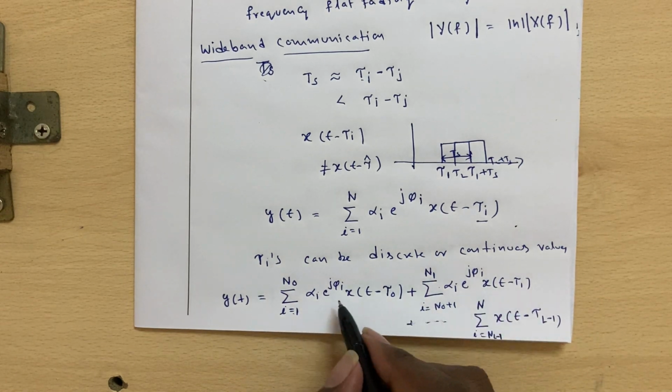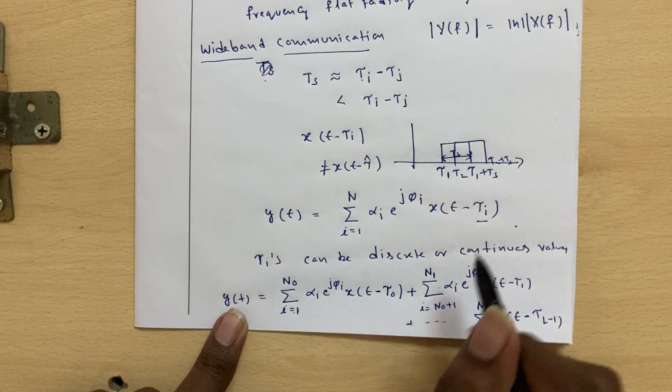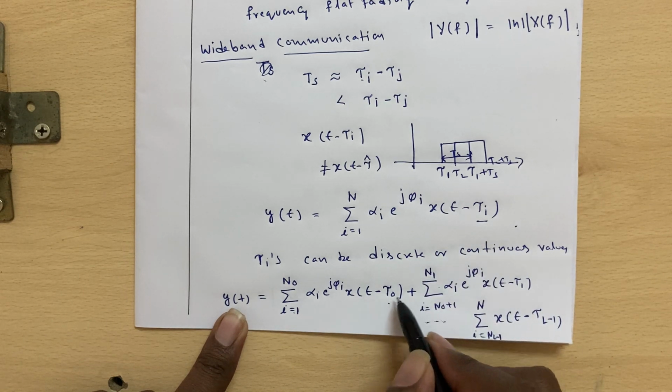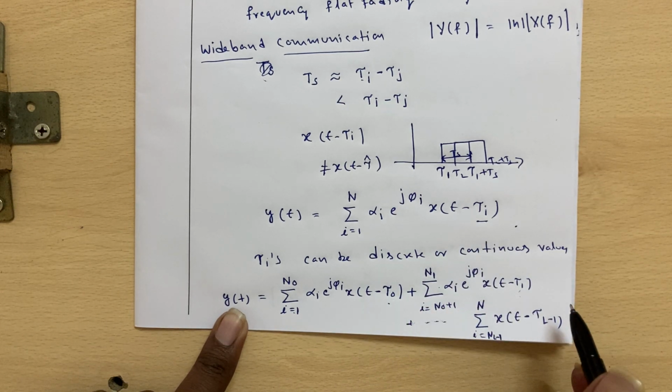So we have now characterized all the propagation delays: some of them are close to tau naught, some are close to tau 1, and so on.